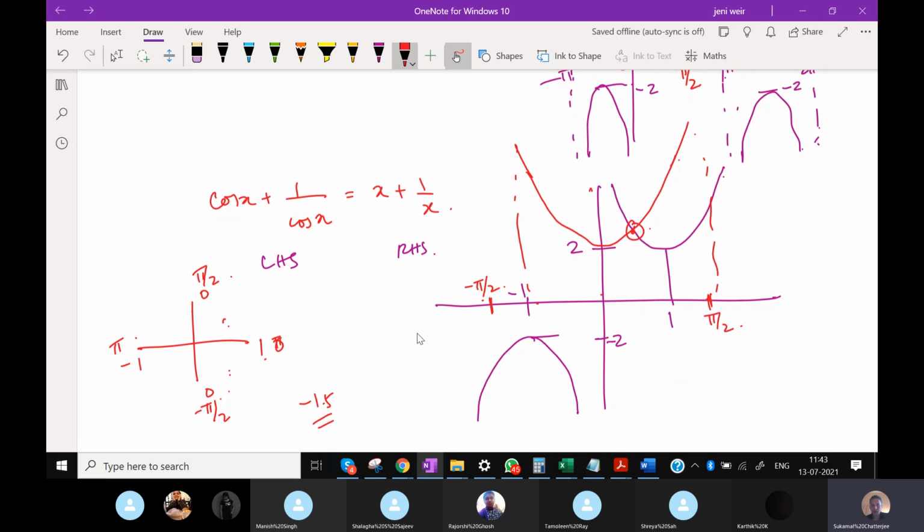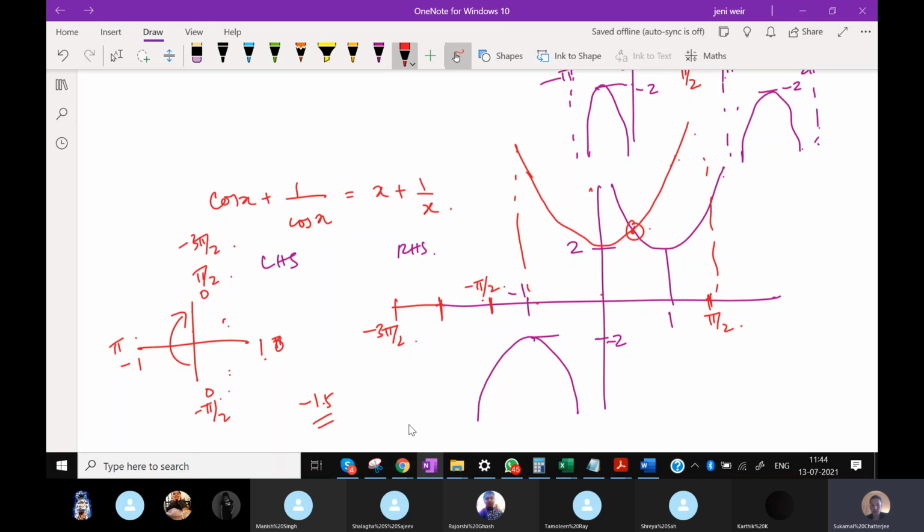And when I go to the next value in the negative quadrant, which is from minus pi by 2 to minus 3 pi by 2, in this, cos is negative.